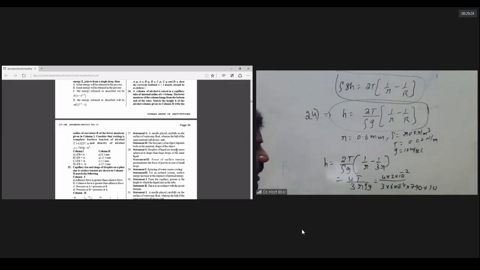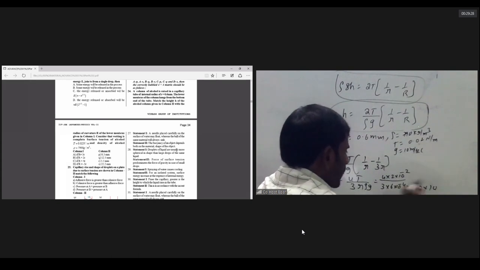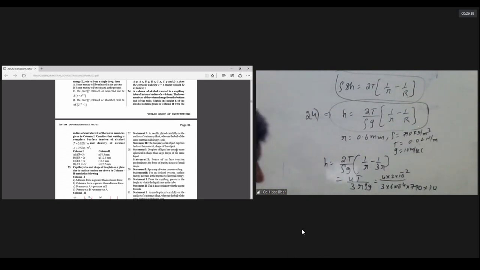Approximately calculate. 8 cancel, 2 zeros cancel. Then remaining how much? 18. 1 by 18 means 0.0... 5 times 8, 5s are 90. So we have got R 5.5 approximately.